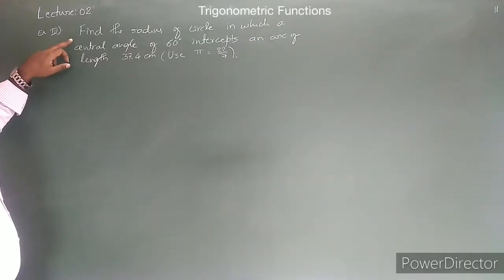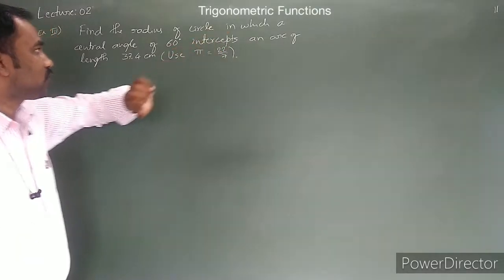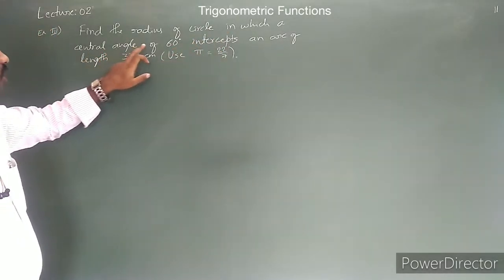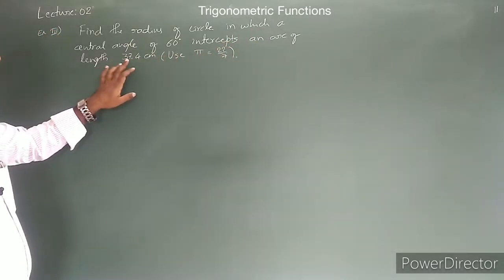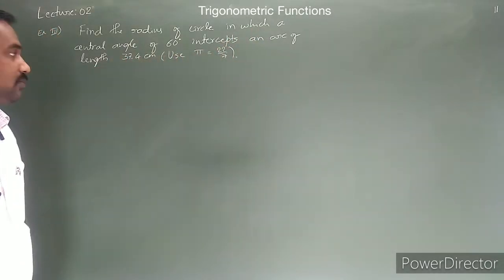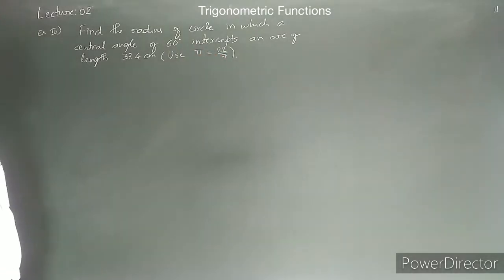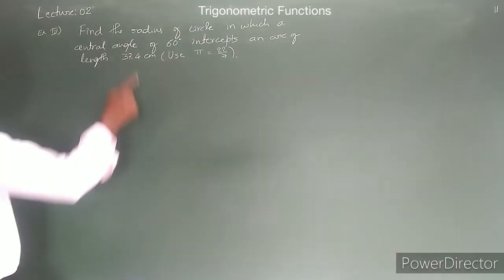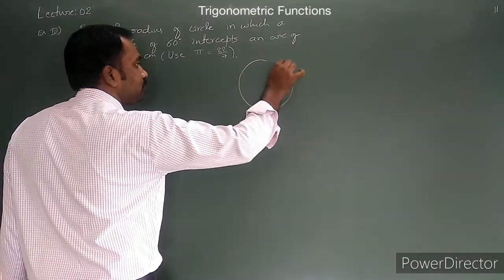Yes. Third problem. Find the radius of the circle in which a central angle of 60 degree intercepts an arc of length 37.4 centimeter. Use pi value as 22 by 7. Okay. What we need to find? Find the radius of the circle. Okay. Suppose the circle is that.